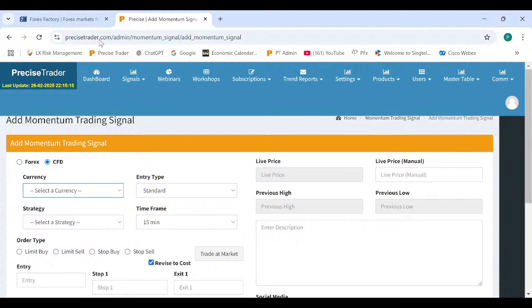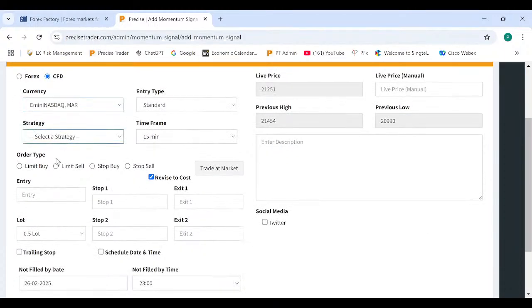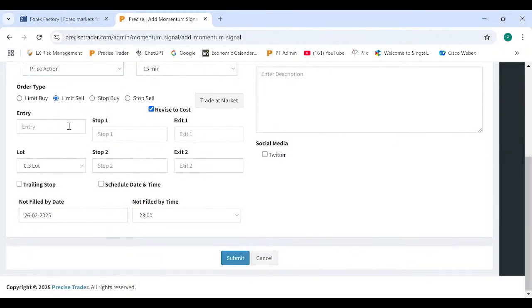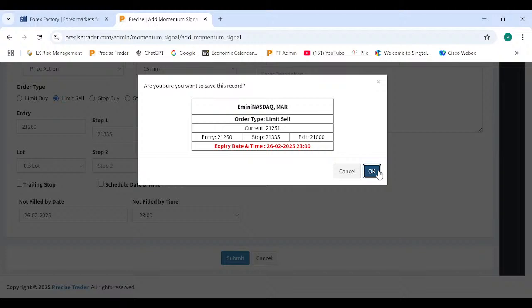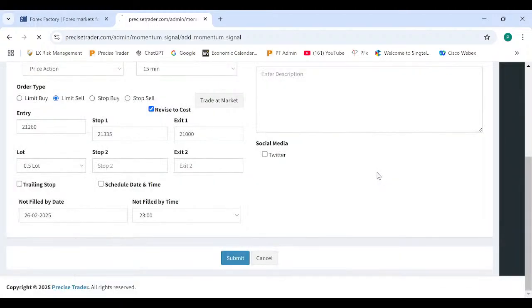Nasdaq, 21260. Stop 21335, and we will just put it until 2100. We'll just put it that way for the time being, then later we'll do the adjustment.